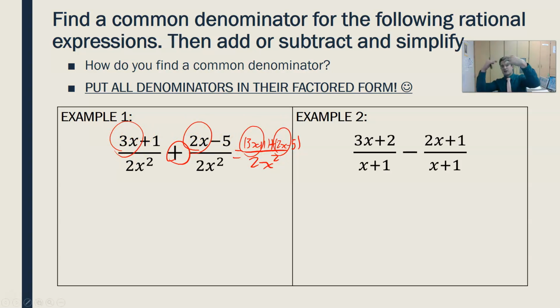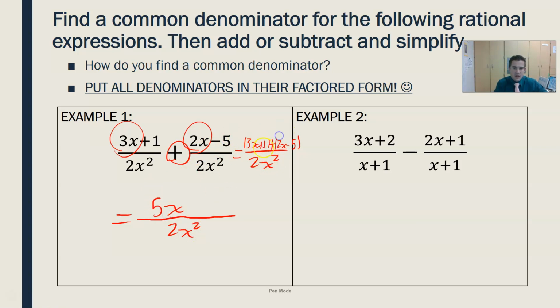So on the bottom I have 2x squared, and if I add my like terms in the top, I have 3x plus 2x, which is 5x, and a plus 1 and a negative 5, which gives me negative 4. So my simplified answer is 5x minus 4 divided by 2x squared.